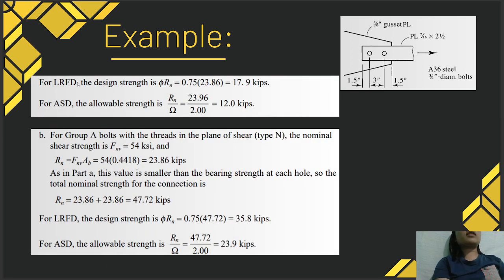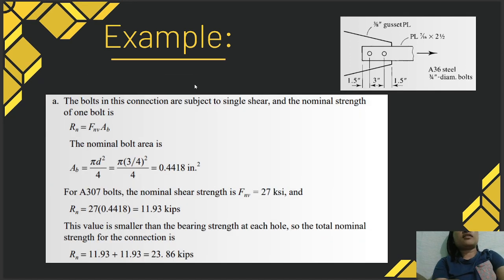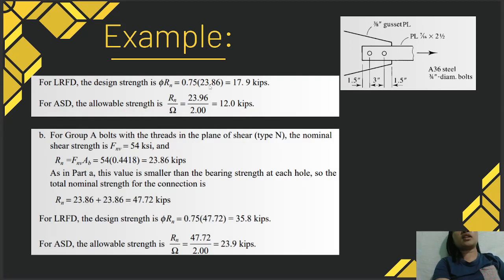So to solve the design strength, the design strength is equal to phi Rn, with the resistance factor of 0.75 times our Rn, which is 23.86. So we have that for the LRFD design, the design strength is 17.9 kips.